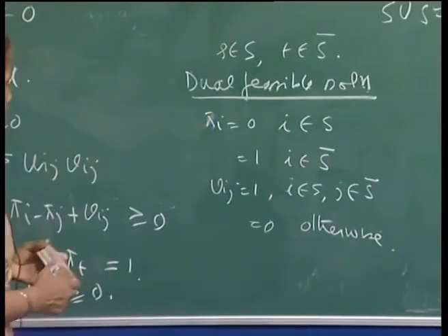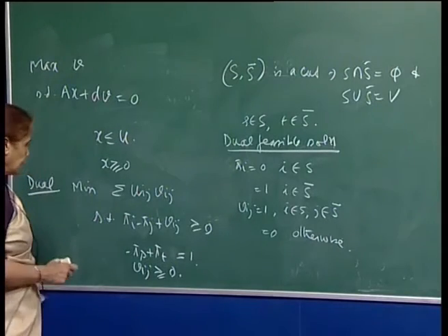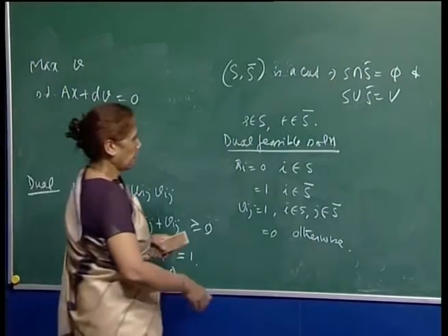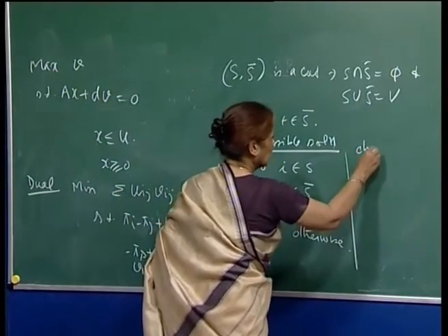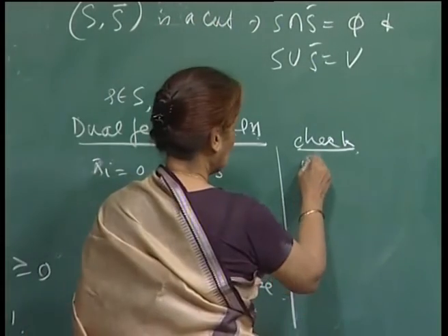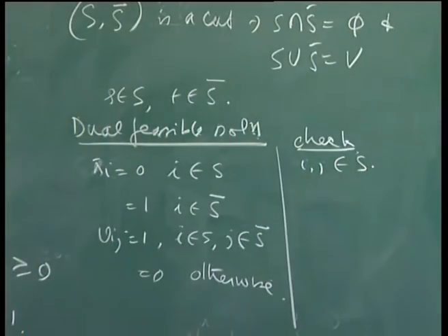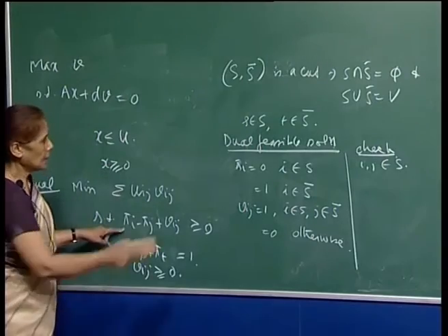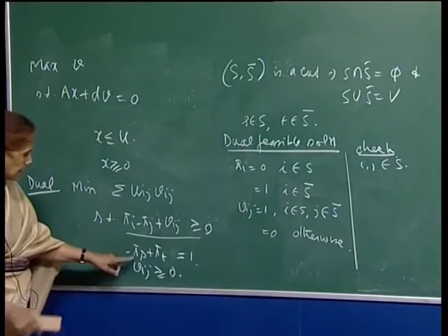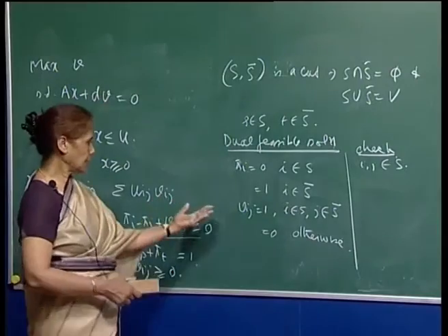Look at this dual, and I claim that this is a dual feasible solution. Quickly check for feasibility. What are the possible situations? If i, j both belong to S, then in this constraint pi i and pi j both are 0, Vij is 0. So, this is satisfied, and here this is 0, this is 1, so this is satisfied, and the Vij's are non-negative.